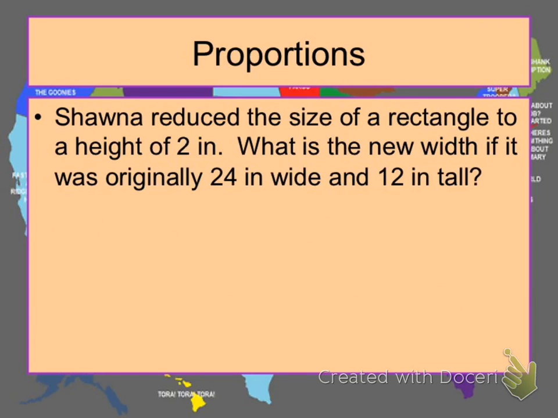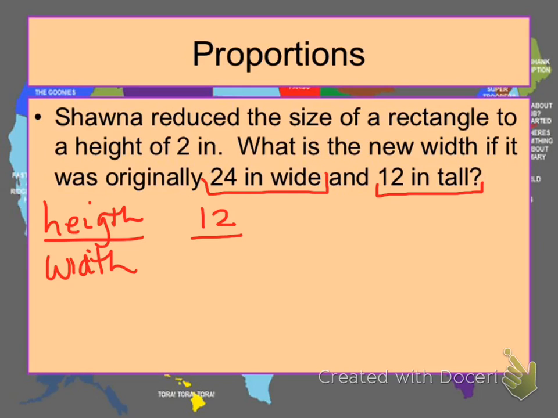Shauna reduced the size of a rectangle to the height of 2 inches. What is the new width if it was originally 24 inches wide and 12 inches tall? So if we do a height to width ratio, we know, based on the information they give us, 12 inches tall relates to the height.